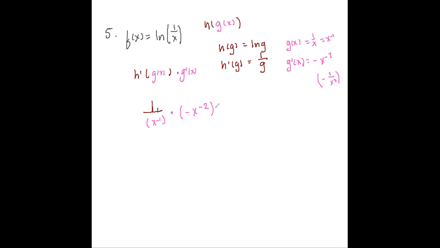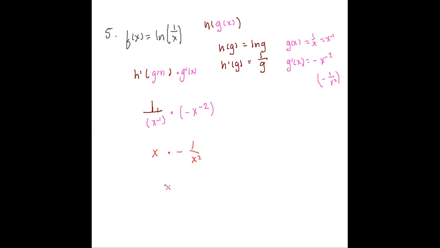Stuff is going to be flip-flopping around here, essentially. So 1 over x is going to be equal to x. And this, now I'm going to write like this. I'm going to say that this is minus 1 over x squared.